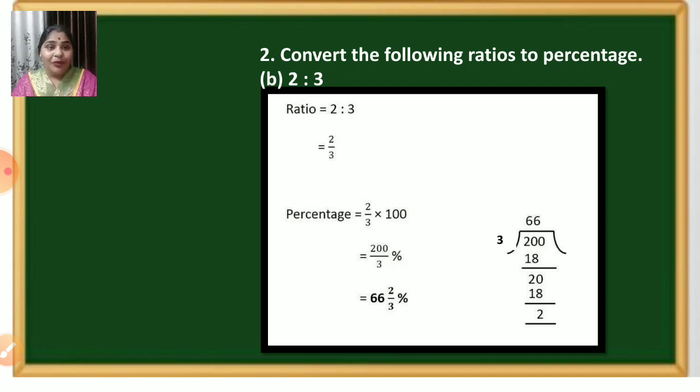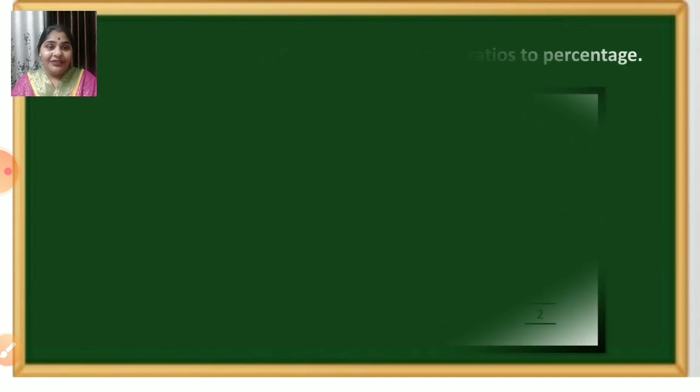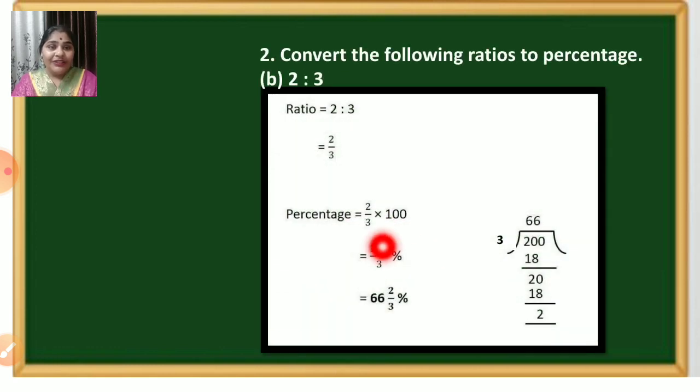Now 200/3, when you divide it, children, the remainder is not 0, right? 200 is not completely divisible by 3. So how will you write it? The quotient is 66 as the whole, okay, and the remainder 2 will come in the numerator and 3 will come in the denominator. So 66 2/3 percent, okay.